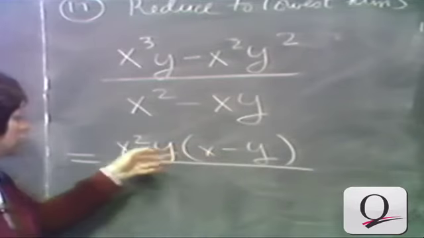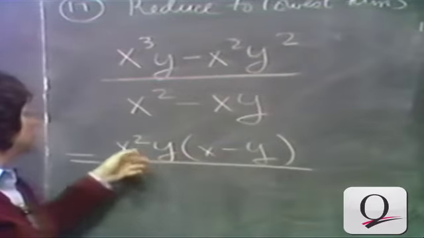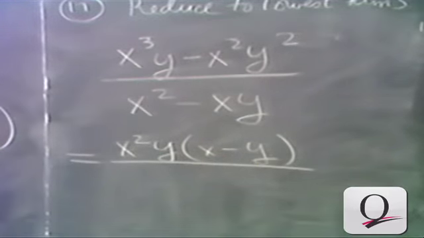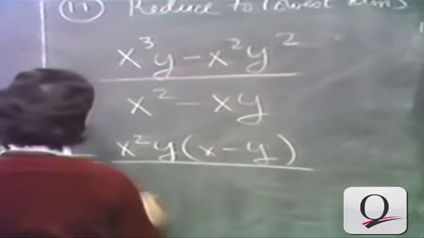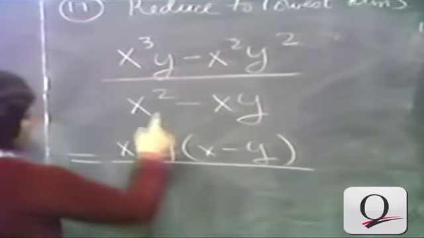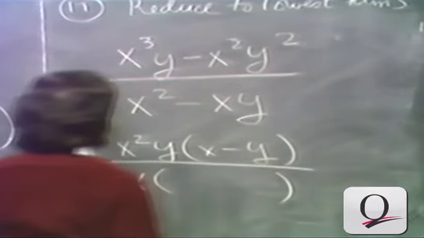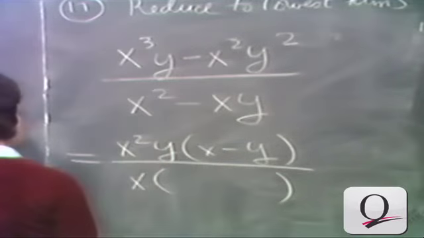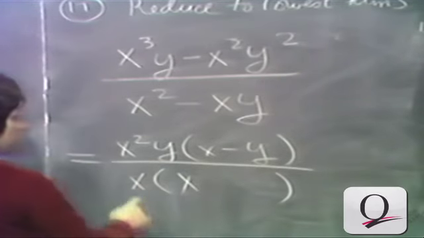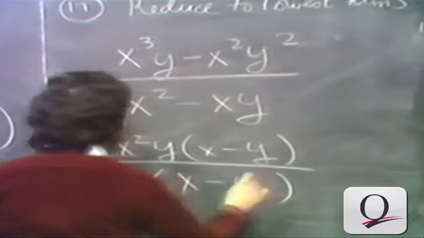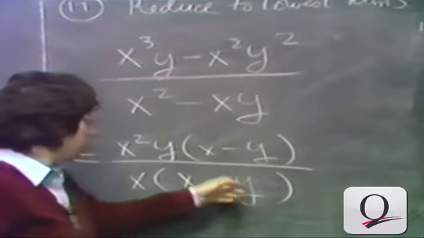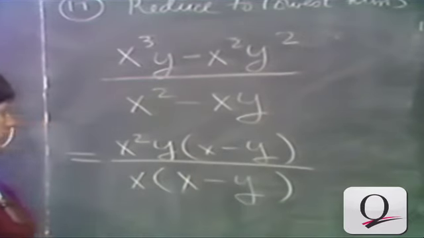Checking that, we have x cubed y minus x squared y squared. Similarly, downstairs, from the x squared and the x, we can pull out an x. And from the x and y, there's nothing we can pull out. So let's see what we're left with. x into x squared, x times. And here we're left with the minus y. x squared minus xy, multiplying it out.